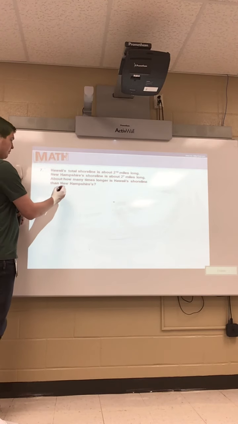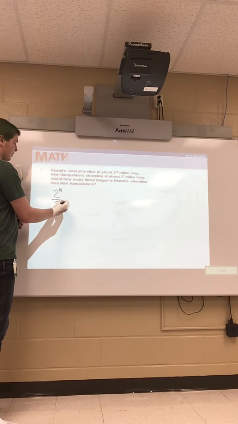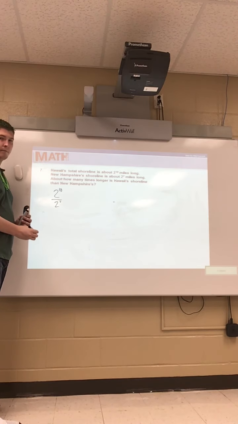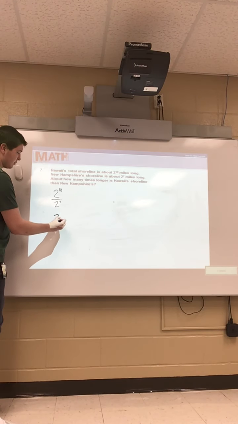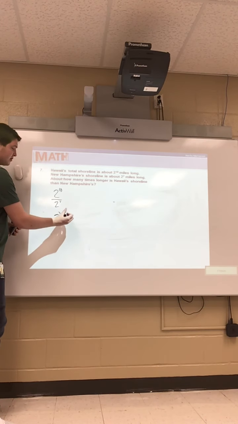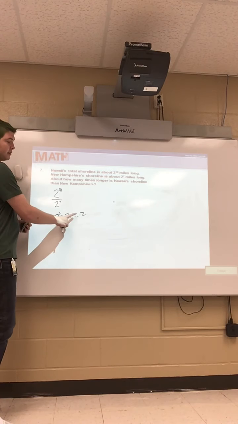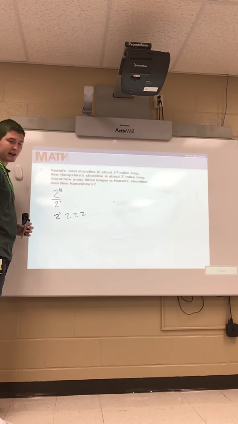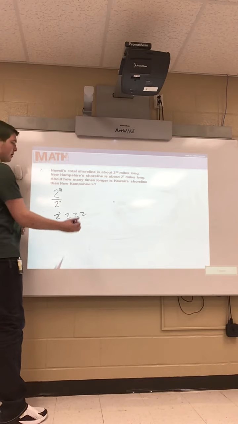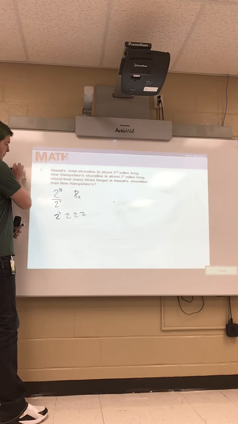We're dividing 2 to the 10th over 2 to the 7th, and that should give us 2 to the 10 minus 7, which is 2 to the 3rd, which is just 2 times 2 times 2. 2 times 2 is 4, 4 times 2 is 8, so it is about 8 times longer.